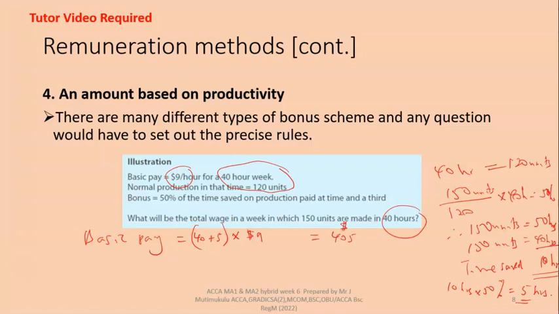Then the bonus now is equal to 50% multiplied by 10.